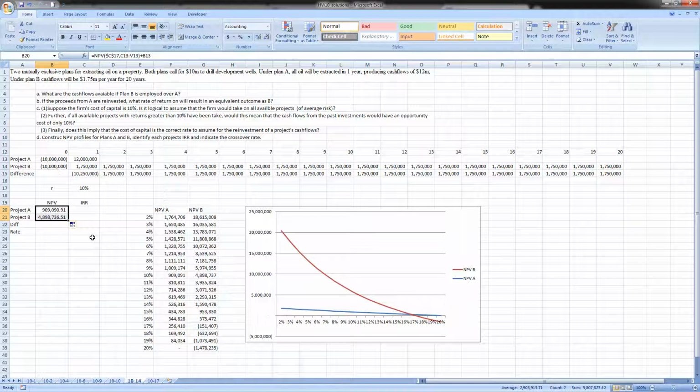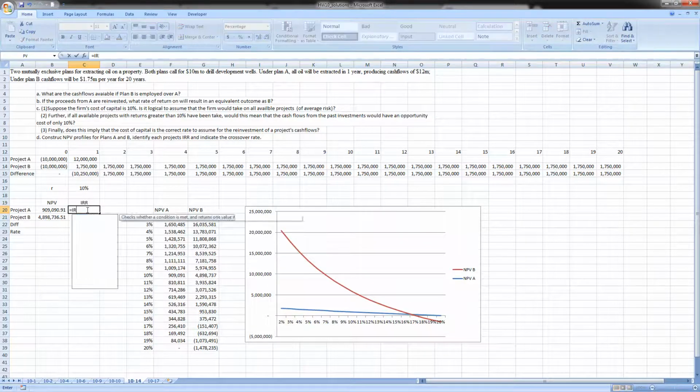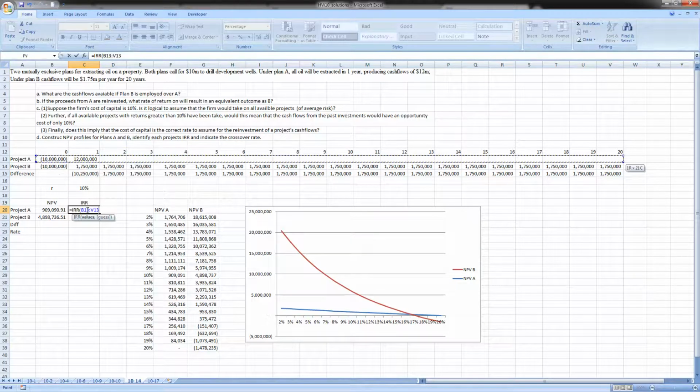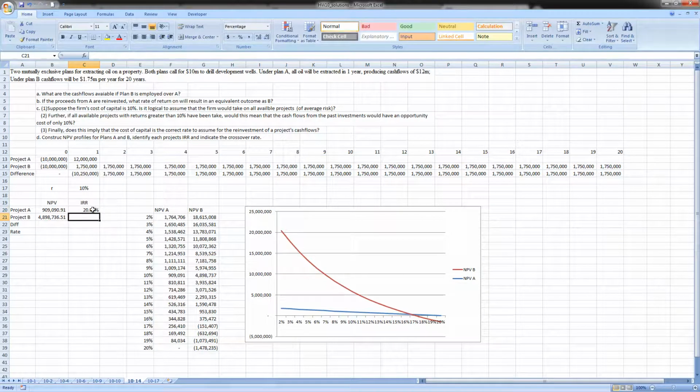For B, $4,898,736. The IRR for A is 20%, and for B, 16.7%.